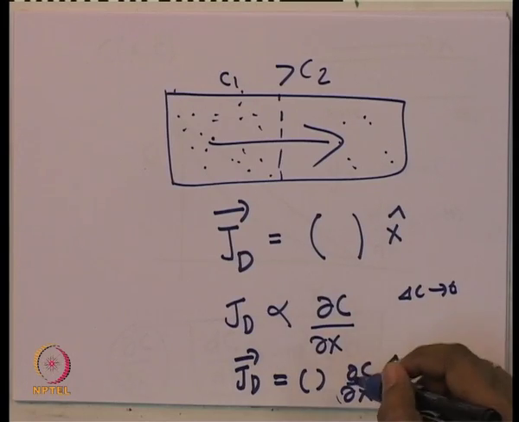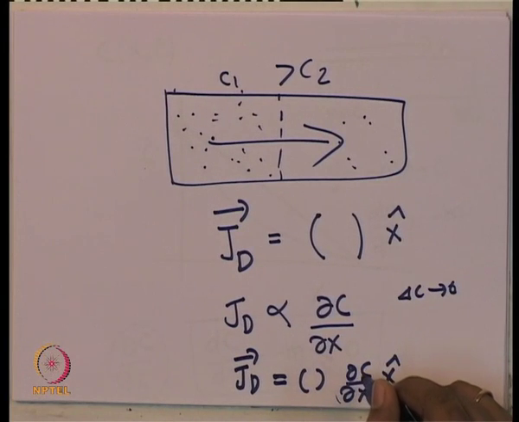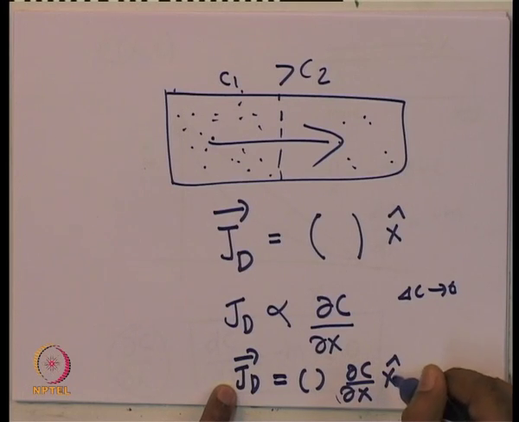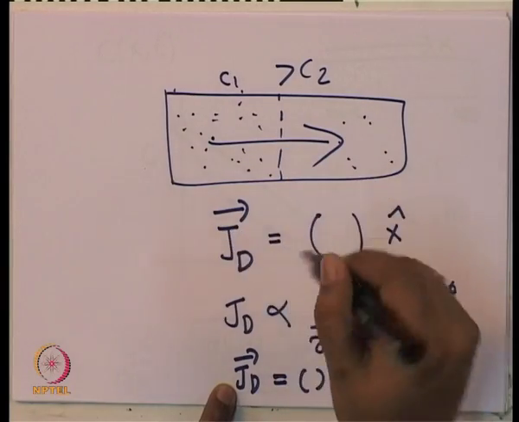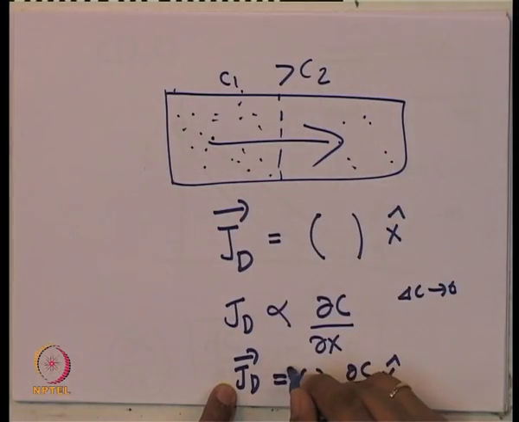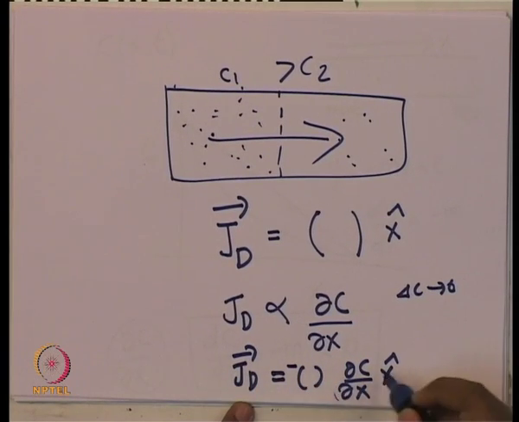Because del c by del x is already negative, this would say that it goes in the minus x direction, because a negative times x cap would mean that it goes in the negative x direction, but that is not true, it is going in this direction. So, there has to be an extra negative sign here. Since del c by del x is negative, with the negative sign, totally it is positive. So, JD is along the x cap.